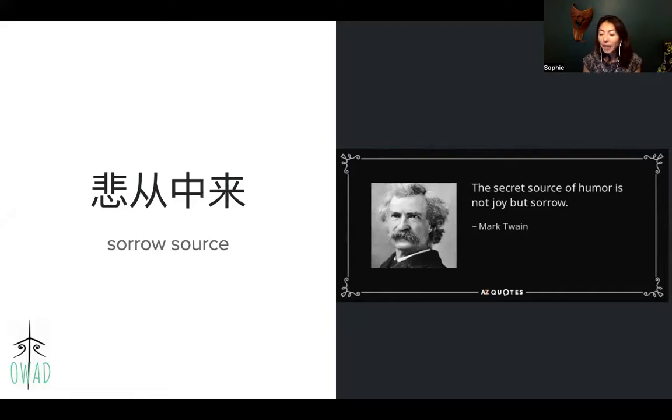So I do a little alliteration over here, sorrow source, and I happened to come across this expression. I think it's a universal truth too, about humor. Because recently we talked about joy and sorrow, they are polar emotions. One is joy, content, you have your plants, you have farming, you have drumming, music, and you're smiling, life is good, that's joy.